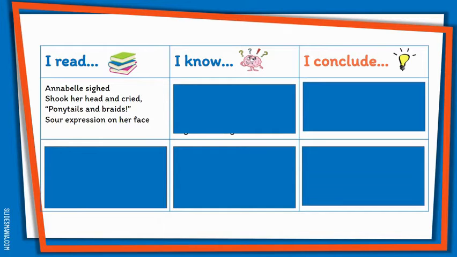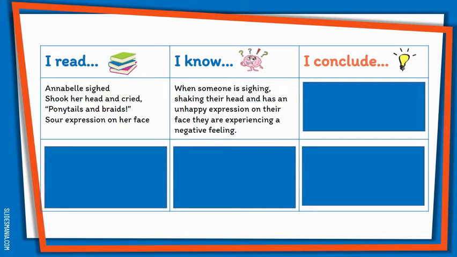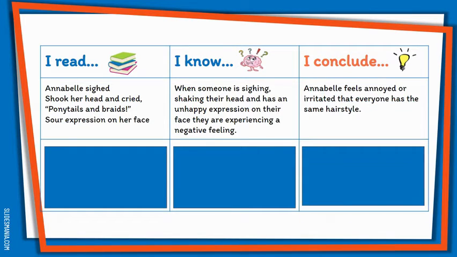I know from my background knowledge or schema that when someone is sighing, shaking their head, and has an unhappy expression on their face, they are experiencing a negative feeling. The author does not directly tell me, but by using clues from the text and my own knowledge, I can conclude that Annabelle is feeling annoyed or irritated that everyone has the same hairstyle.